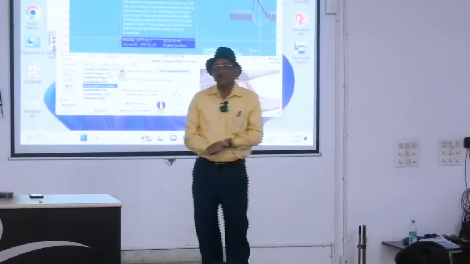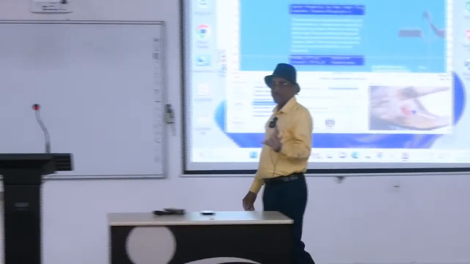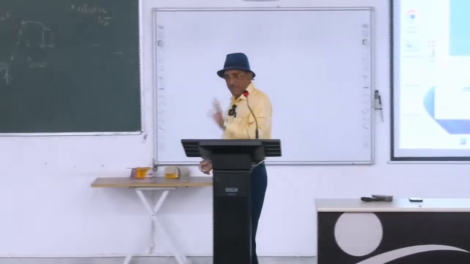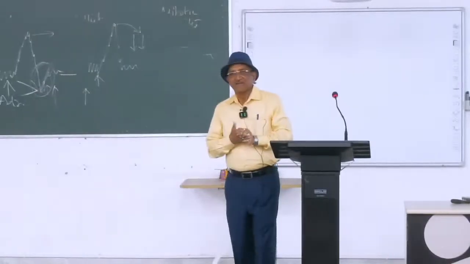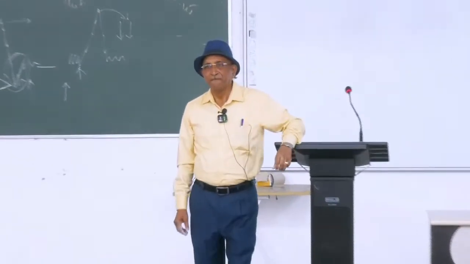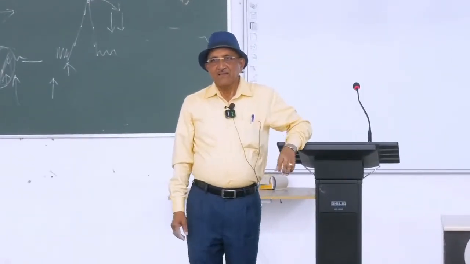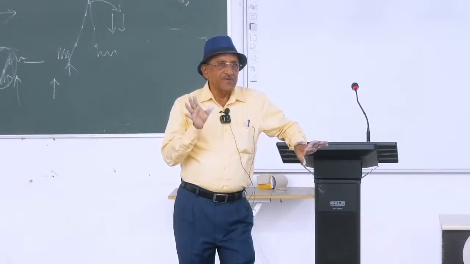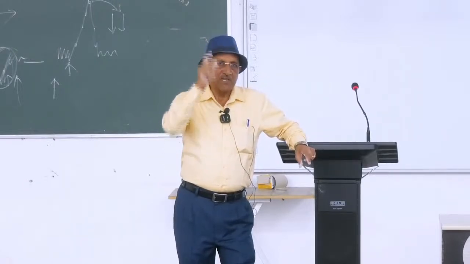Now, can you name one vasodepressor drug from autonomic pharmacology, that is a sympathomimetic? Any sympathomimetic drug which will cause fall in blood pressure?